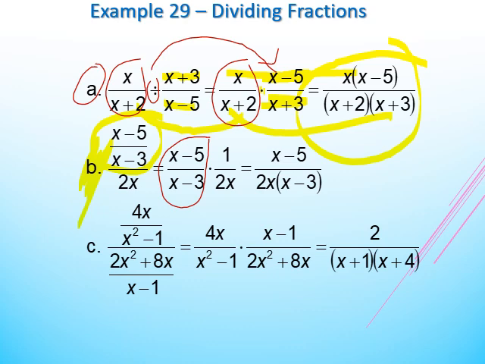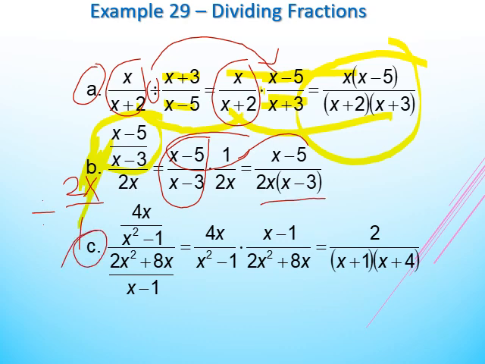Because it is divided by 2x over 1, and if we change the division sign to a multiplication sign, we also invert the fraction. So we multiply the numerators by each other to get x minus 5, and the denominators x minus 3 multiplied by 2x to get 2x times x minus 3.